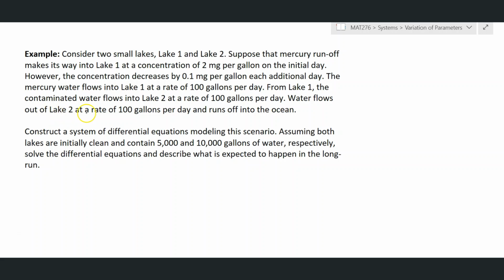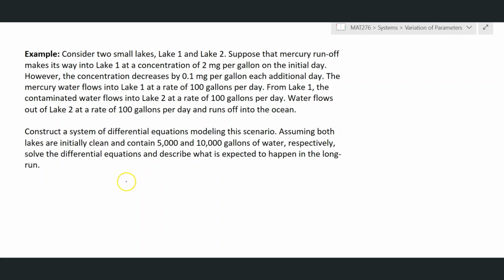From Lake 1, the contaminated water flows into Lake 2 at a rate of 100 gallons per day. Water flows out of Lake 2 at a rate of 100 gallons per day and runs off into the ocean. So we're going to construct a model, assume both lakes are initially clean, and contain 5,000 and 10,000 gallons of water, respectively. We'll solve and describe what's happening in the long run.